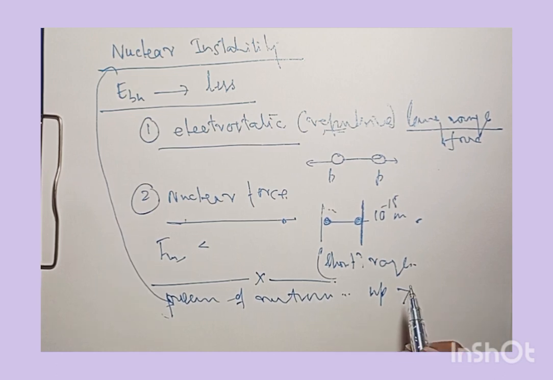If we talk about the light nuclei, they are stable, and as the mass number increases, the number of protons increases, and then the electrostatic force of repulsion between the protons increases. So when the mass number increases, we have more protons, and this results in more and more repulsive force.